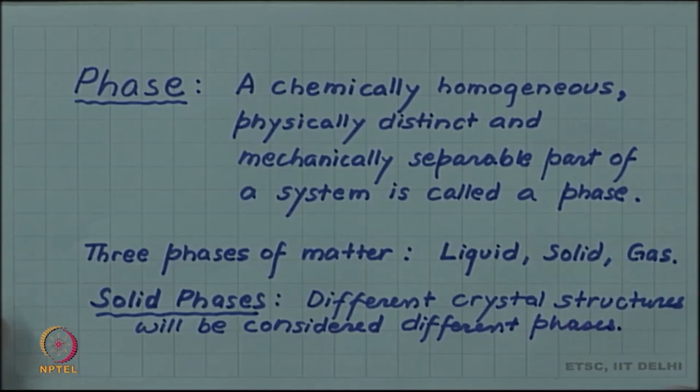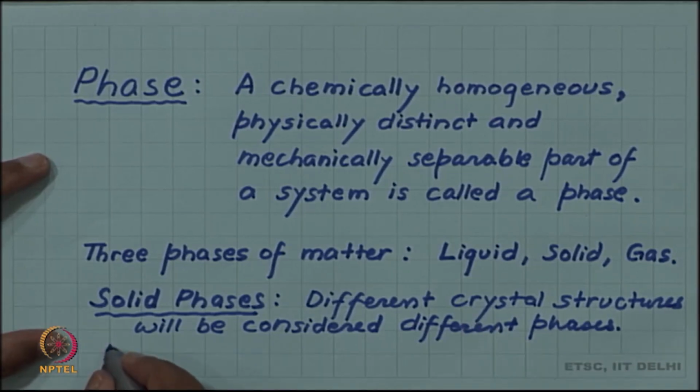Now, I have already mentioned in the last video that the solid phases in phase diagrams are traditionally shown by Greek letters. So, an example I will like to give here, what I mean by different crystal structure considered as different solid phases. A good example is that of iron.